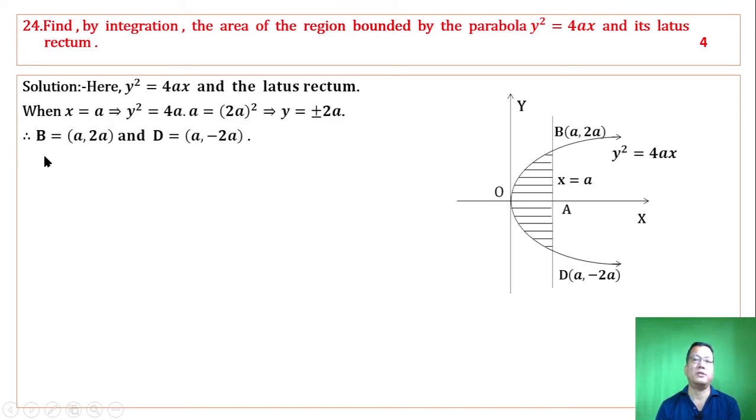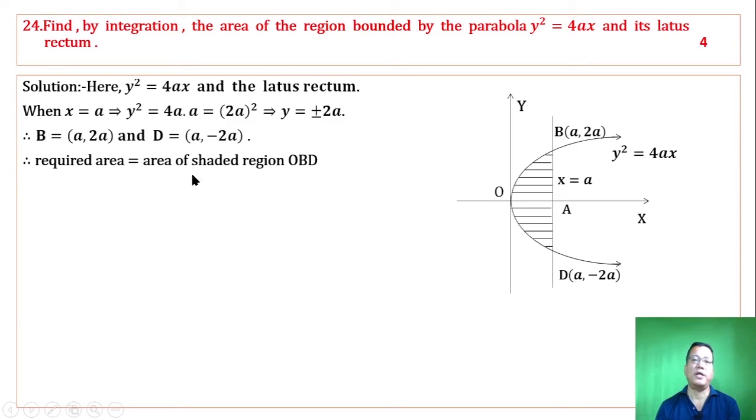Therefore, as in this picture, the coordinates of B are a, twice a and D are a, minus twice a. Parabola is symmetric about the x axis. The origin has coordinates 0, 0 and satisfies the parabola equation. The focus of the parabola has coordinates a, 0.